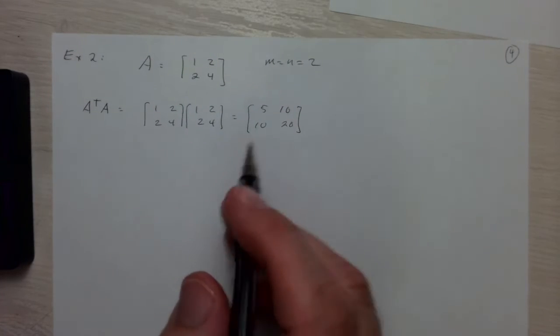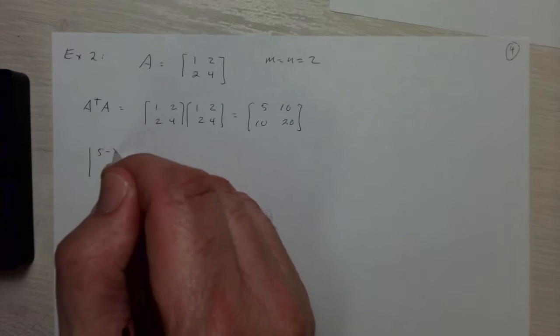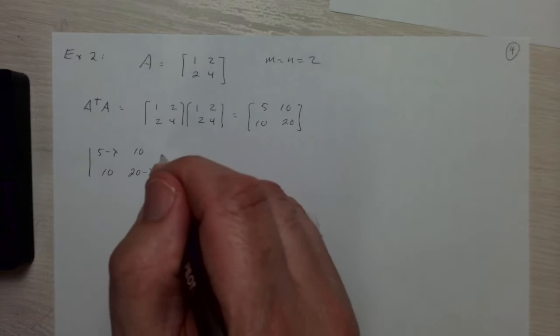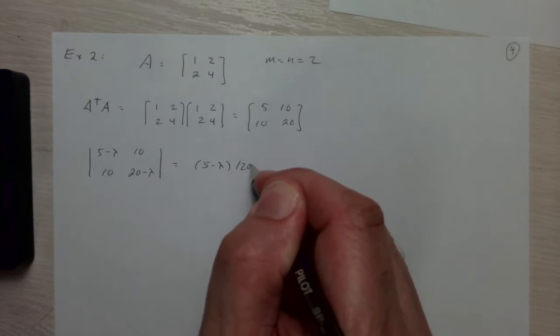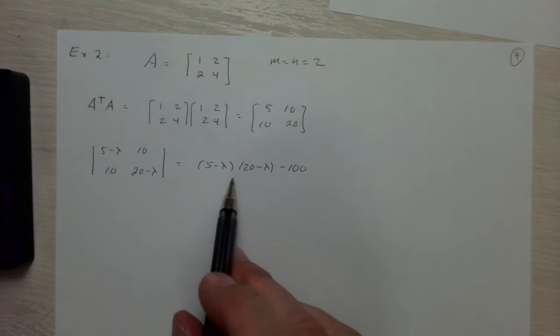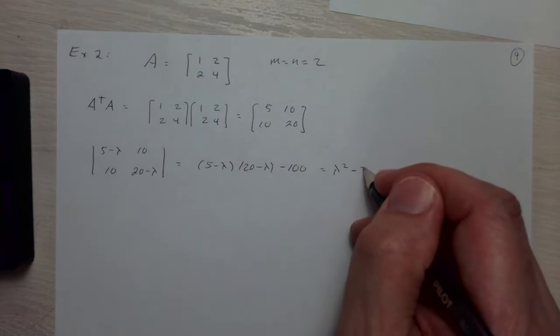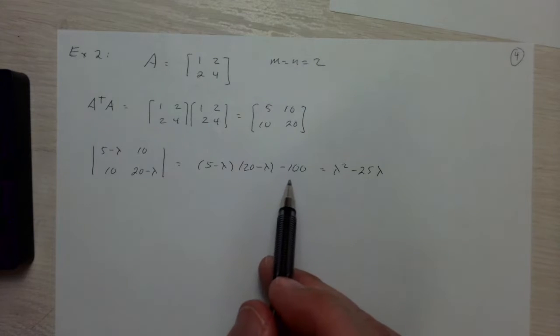Okay, so to find the eigenvalues, take the determinant of 5 minus lambda, 10, 10, 20 minus lambda. It's going to be (5 minus lambda)(20 minus lambda) minus 100. If you multiply this out, this is going to be lambda squared minus 25 lambda plus 100 minus 100.